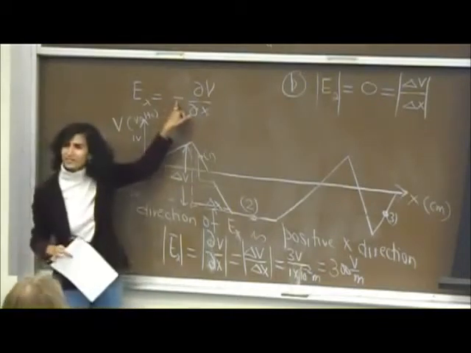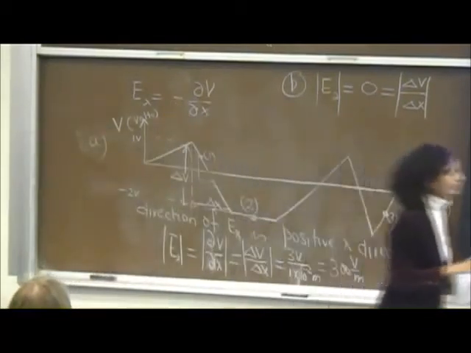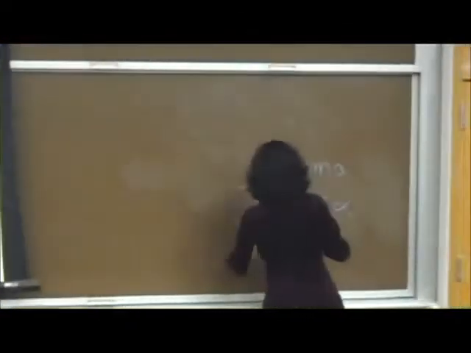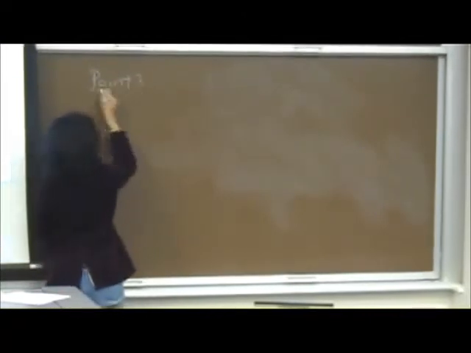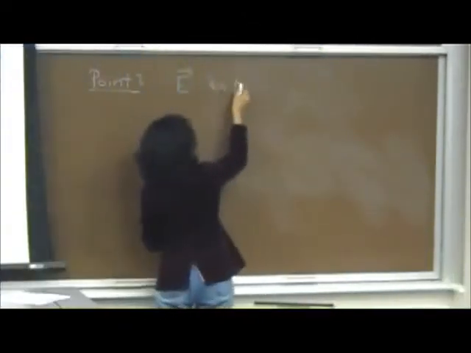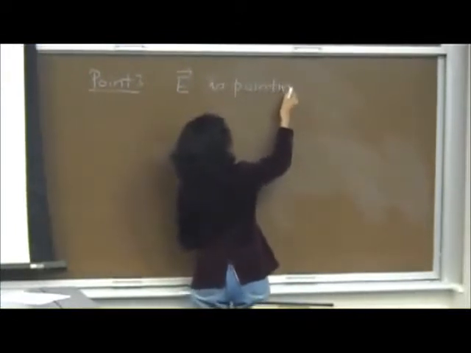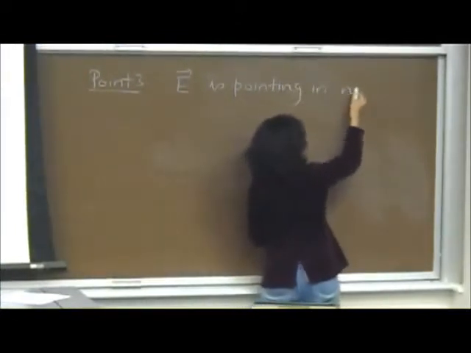Because the sign will be negative. Okay, so at point 3, E is pointing in negative x direction.